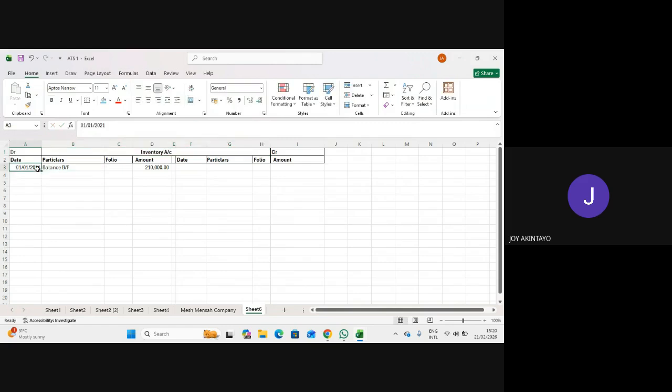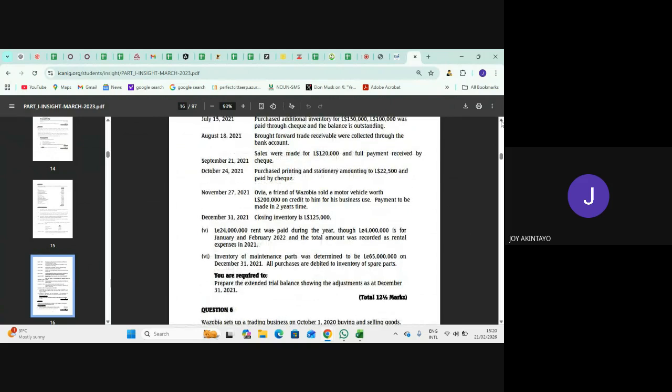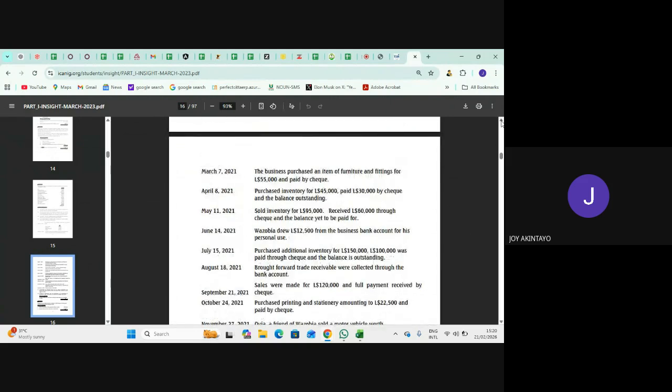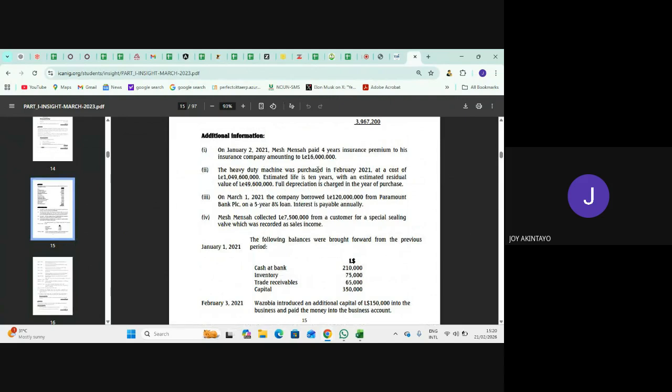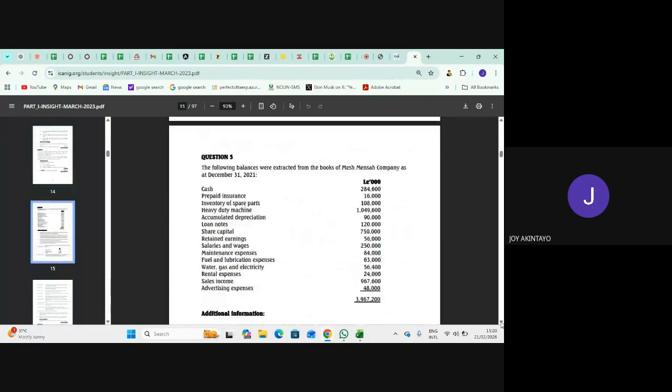So this is our inventory account. What is our inventory as at the beginning of the period? What we have in the question, inventory at the beginning. Our inventory of spare parts is 108, this is the amount. So this will be a balance brought forward.